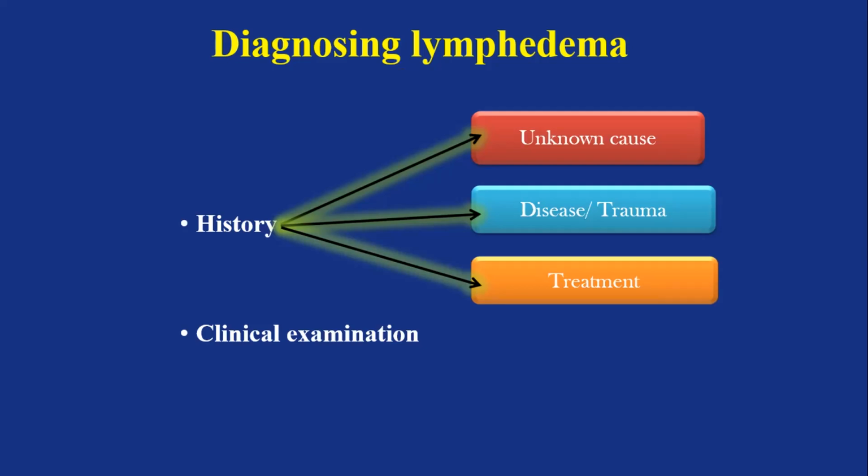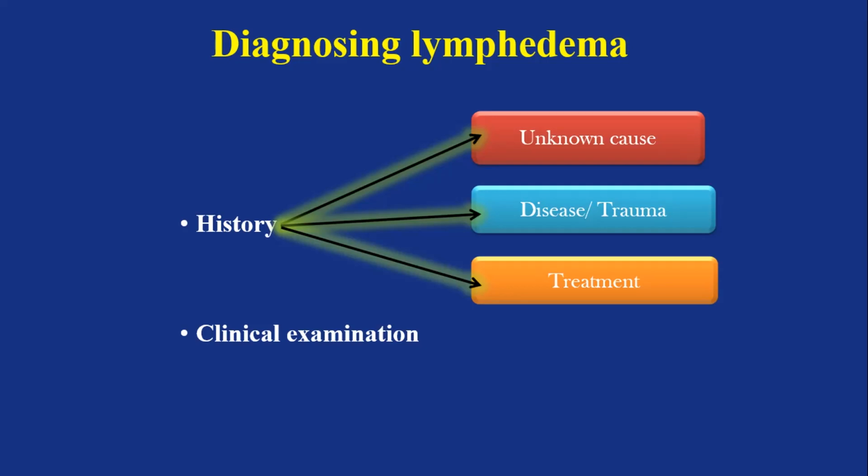Is there any recent trauma or accident, any disease, or any frequent infections? You have to ask about those things. The third is treatment: any treatment, maybe radiotherapy or chemotherapy, you have to ask about all of those.